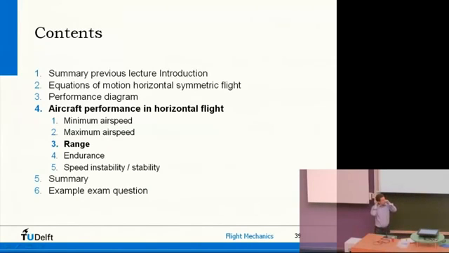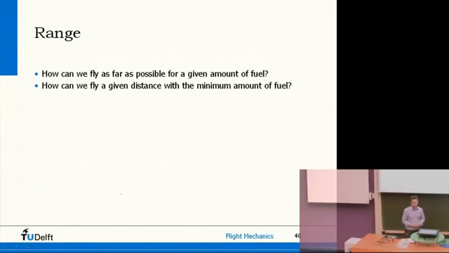Now let's start having a look at range. So trying to fly as far as you can. There are two questions you could try to answer. You could say, I take my aircraft and I want to fly as far as I can. Just see where I end up. Now that's not a really normal way of flying.